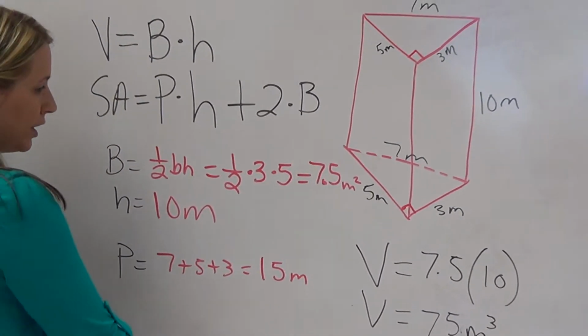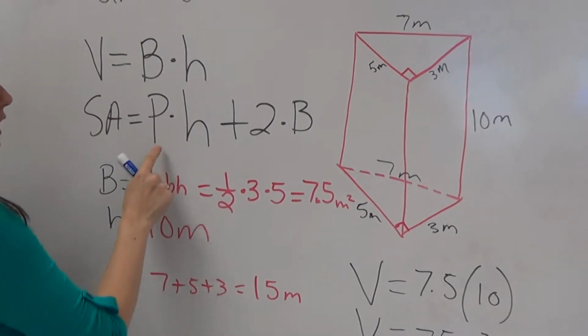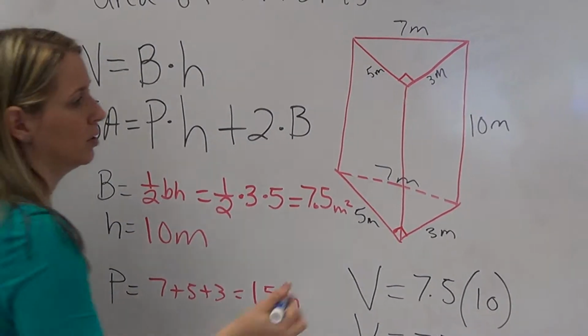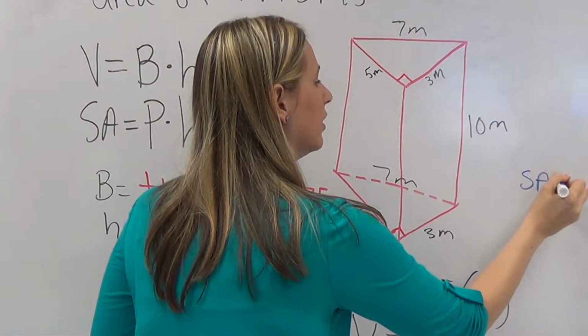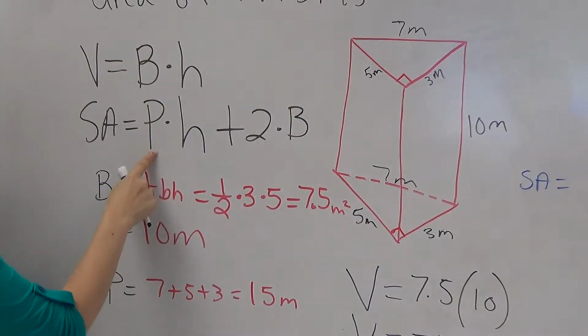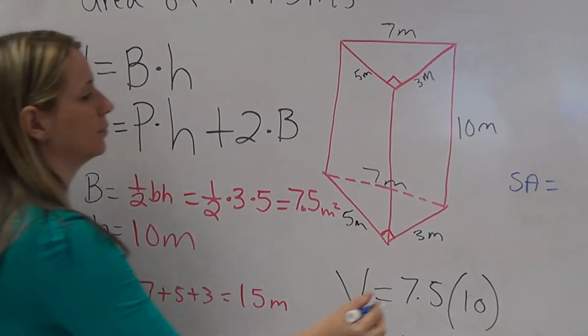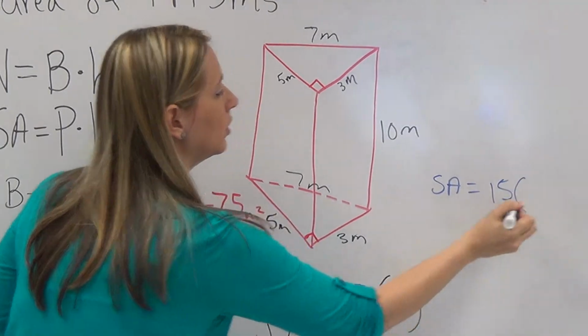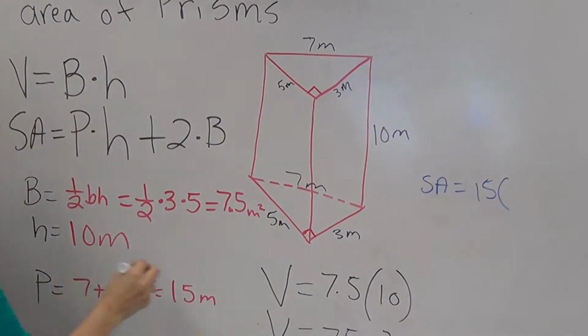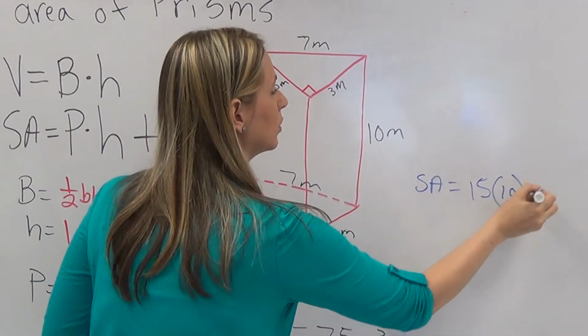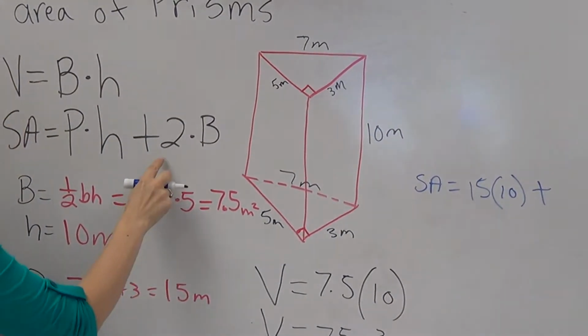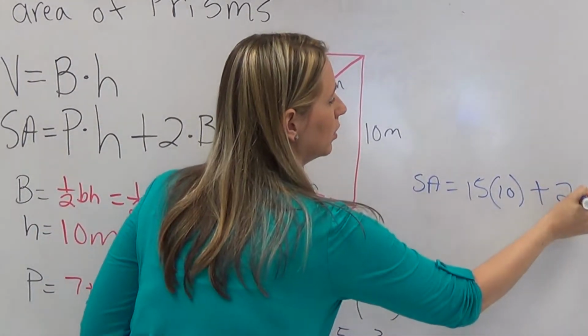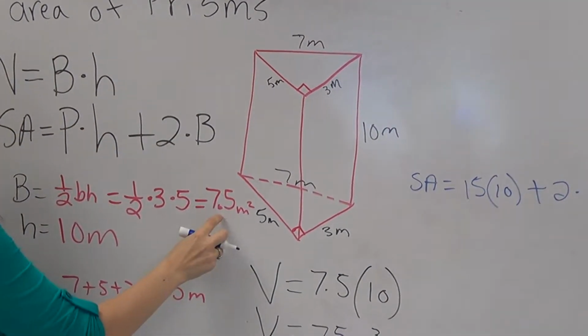And then you have the surface area formula, which is perimeter of the base times the height. So to find my surface area, perimeter of the base we found was 15, times the height, which is 10, plus 2, times the area of the base, which is 7.5.